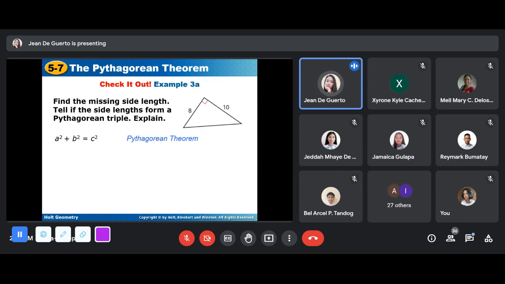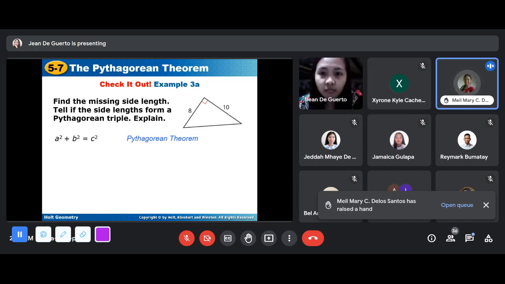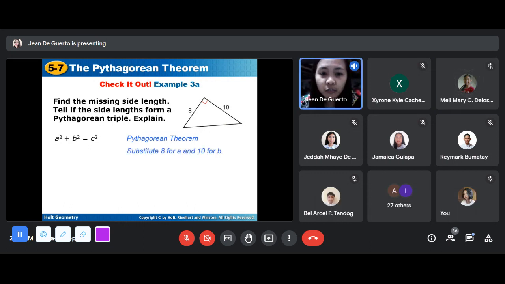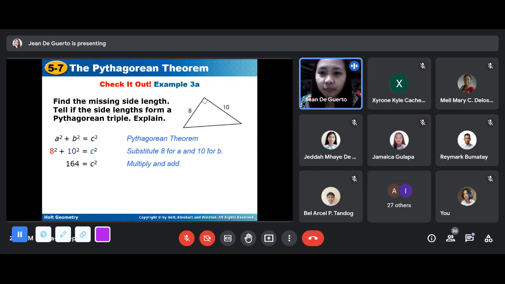So therefore, what will be our equation for this one? Miel? 8 squared plus 10 squared equals c squared. So therefore, we have 164 is equal to c squared.